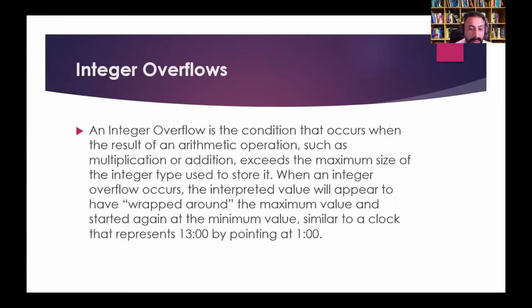When an integer overflow occurs, the interpreted value will appear to have wrapped around the maximum value and started again at the minimum value. Similar to when you say you want to represent a clock by 1300 or 1 o'clock, it's the same, but it has a limitation.